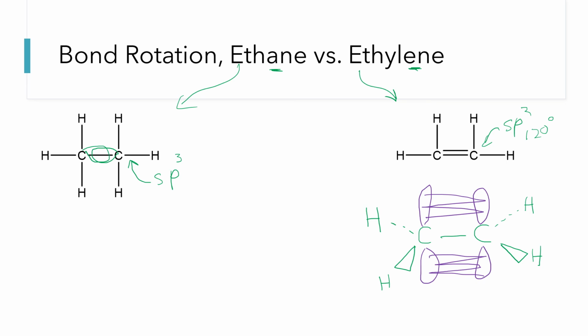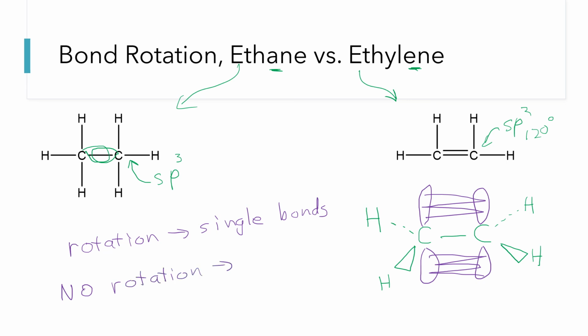And so just in general, you can get rotation about single bonds. So rotation can happen for single bonds, but there's no rotation about double or even triple bonds.